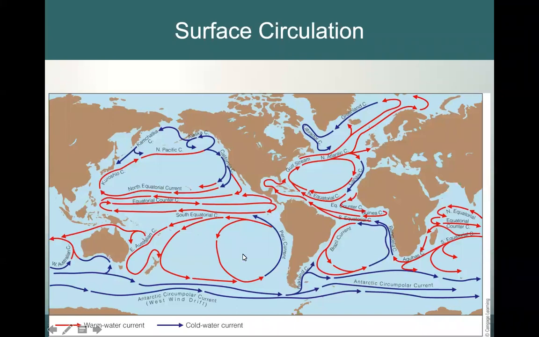Now, if we look over at the South Pacific, we see again a similar pattern where the East Australian Current is the western boundary current, transporting warm waters from the equatorial region down to the southern portion of this gyre. And over on the eastern side of the gyre, we see the Peru Current, which is also called the Humboldt Current.